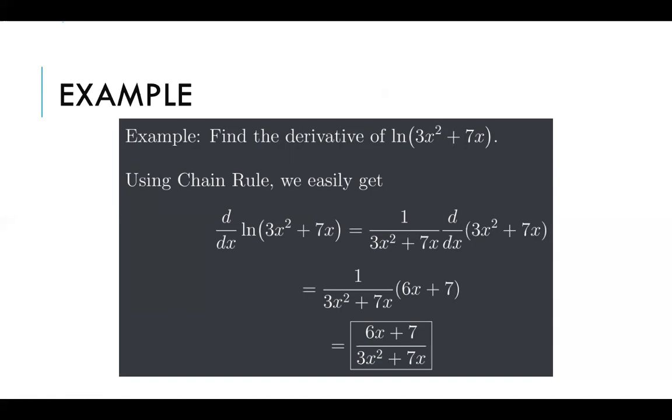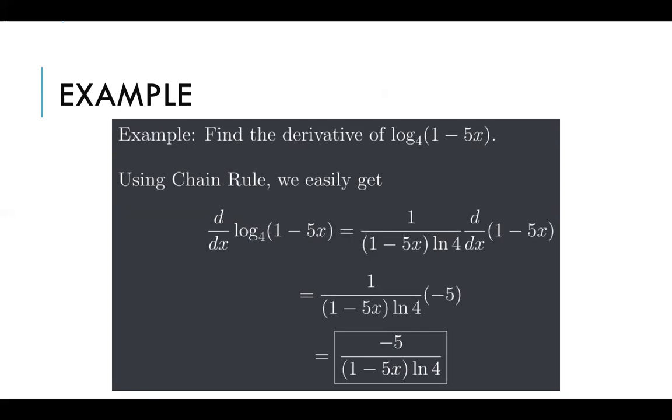Then the term inside should be differentiated next. So the derivative of that function is 6x plus 7. And we multiply it on the first result earlier to give us the final answer, which is a rational function, quantity 6x plus 7 all over quantity 3x squared plus 7x.